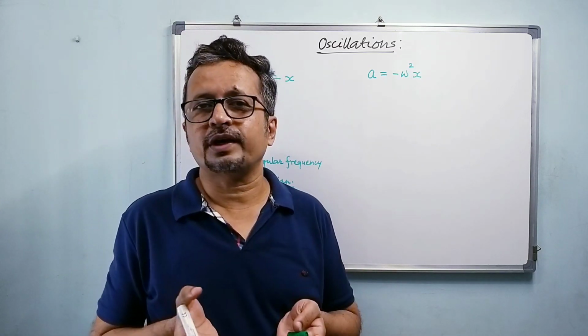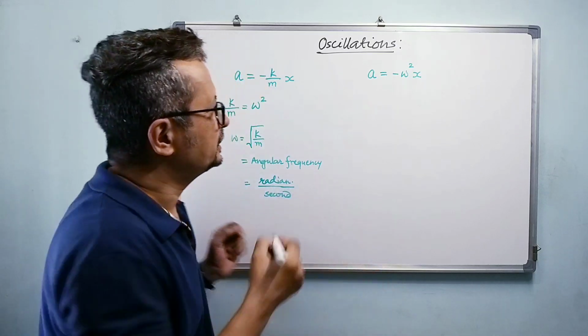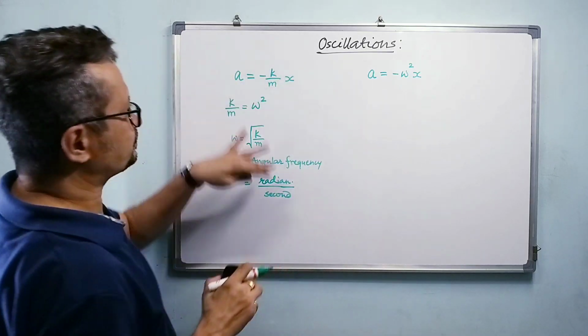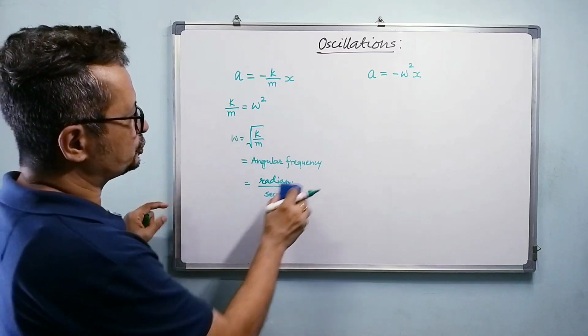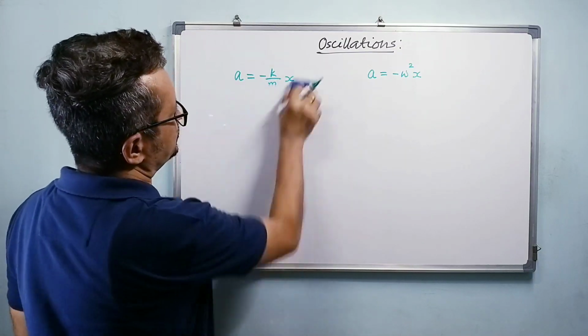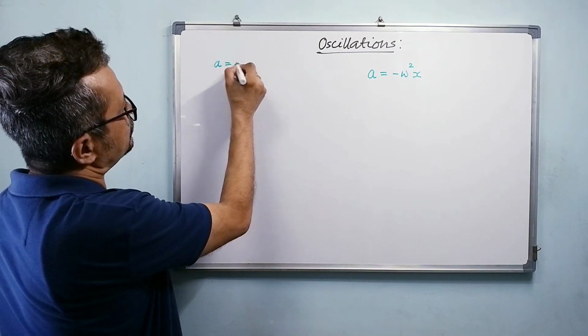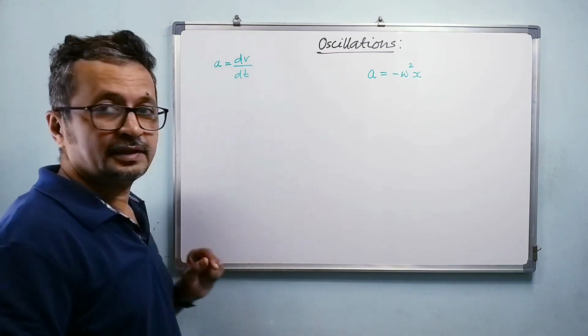What we know so far is acceleration is rate of change of velocity, right? So I'm going to clear this part so that I would be able to use this part as well as that part. So my acceleration is equal to dv by dt, correct?